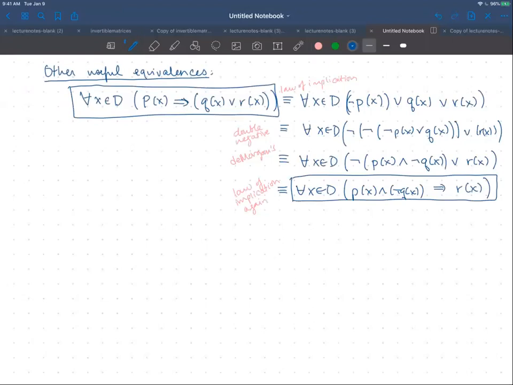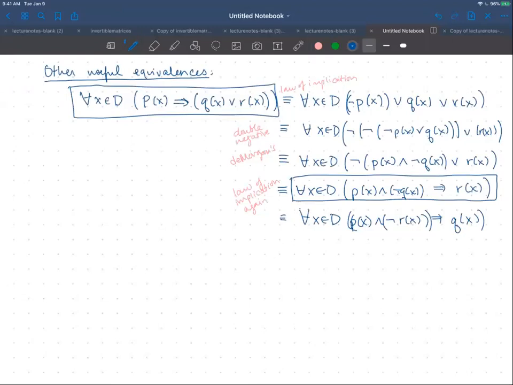It's also equivalent to, we can switch the role of q and r, so we could say for all x in the domain of discourse, p of x and not r of x implies q of x. All right, again, I'm not exactly sure where all those parentheses went.